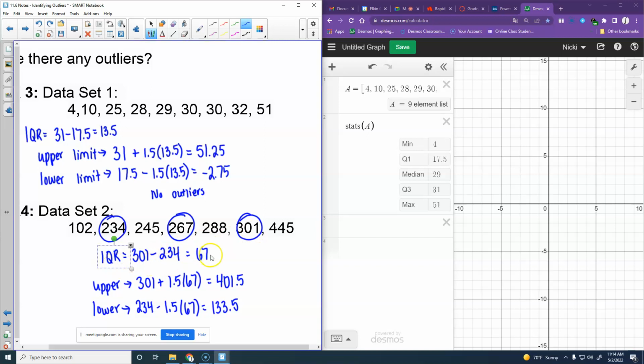So interquartile range is going to be 67 when you do 301 minus 234.